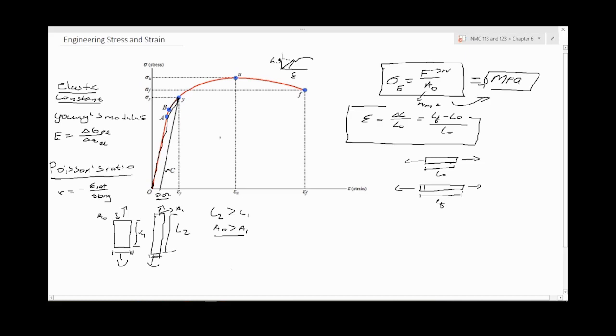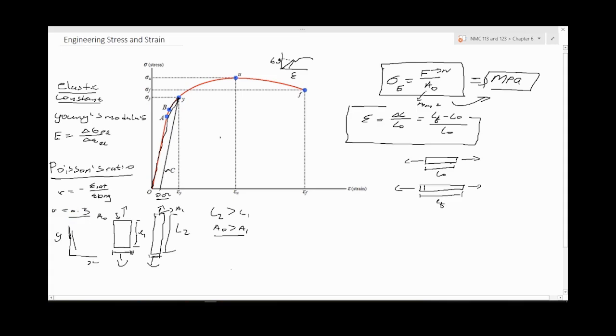If we look at it in terms of the axes, say x-axis and y-axis, just for argument's sake, when you're pulling it, assuming the sample is vertical like this, the length increases on the y-axis, which is the longitudinal change in length, and it becomes narrower on the lateral axis, which is the x-axis in this case. So this is Poisson's ratio, and the value for metals is usually 0.3.